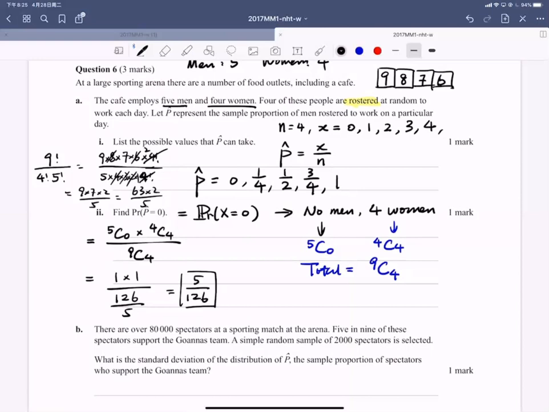These 5 will get rid of each other. 2 and 3 get rid of 6. That's 2. So 18 times 7, 126. Therefore, I should have 126 at the bottom. So your probability will be 1 on 126. Okay?